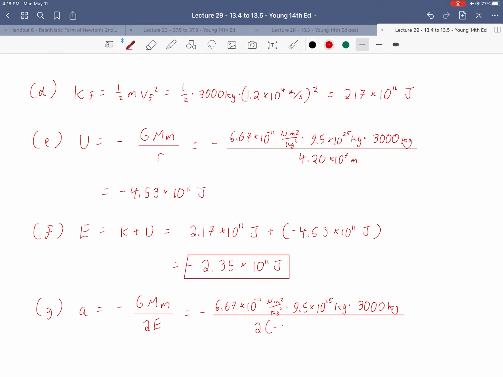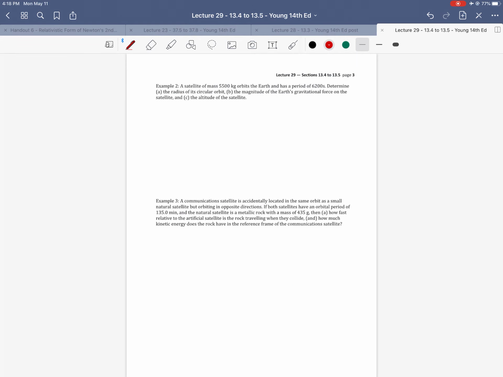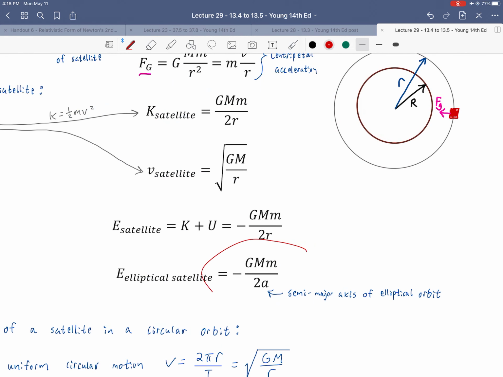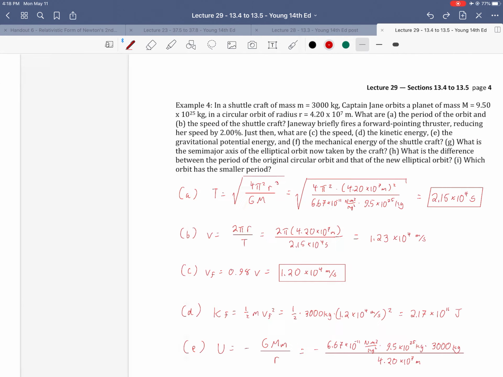So 2 times negative 2.35 times 10 to the 11 joules. And again, I'm just using these formulas, right? That's why it's got to be a negative, because otherwise I get a negative semi-major axis. And this equation I've modified slightly just to solve for A. So I just cross multiplied by A, cross divided by E. Okay.